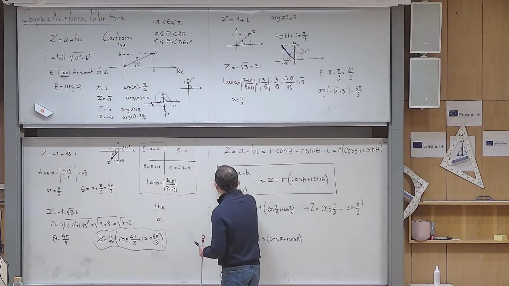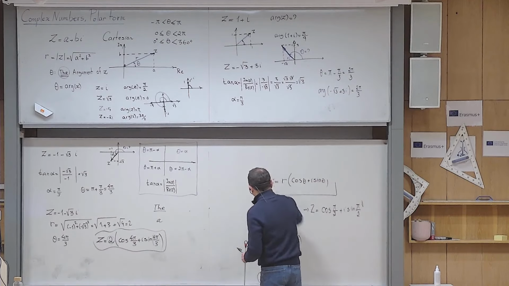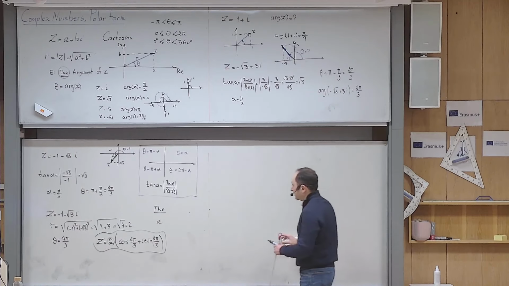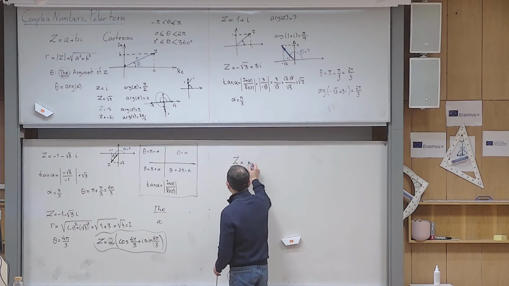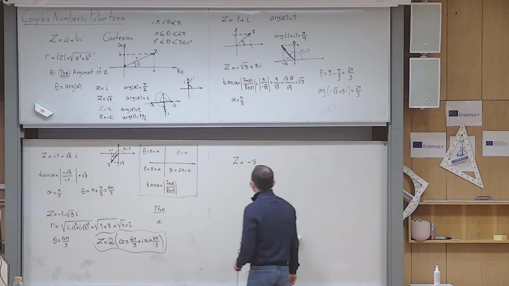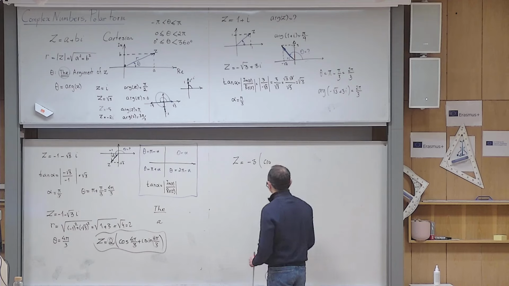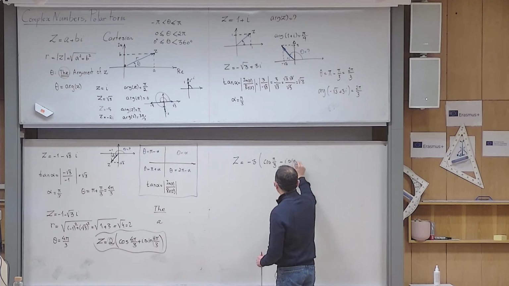For example, I might write something like this. So z is equal to, let me write -3, and then cosine of pi over 3 minus i sine pi over 3.